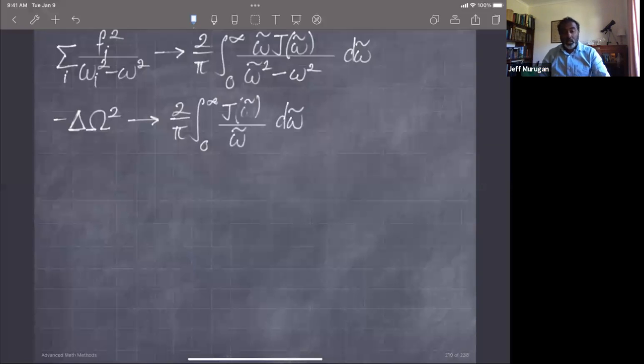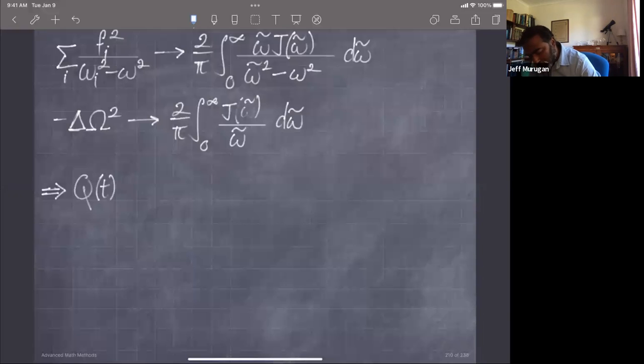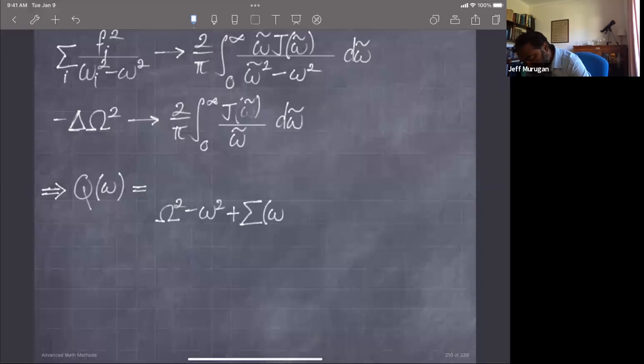Okay. So with all of this, stick it into the equation for Q, rearrange it by taking terms to the left-hand side so that I just have something in Q on the left-hand side and just this F external on the right-hand side, divide through by the common factor, and I'll find that the solution that I'm after, Q of omega, is just 1 over omega squared minus little omega squared plus something I'm going to call sigma of omega.